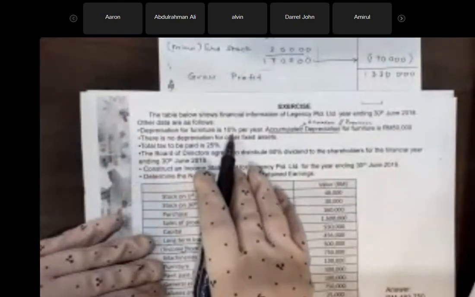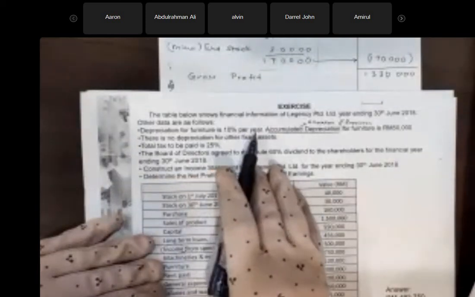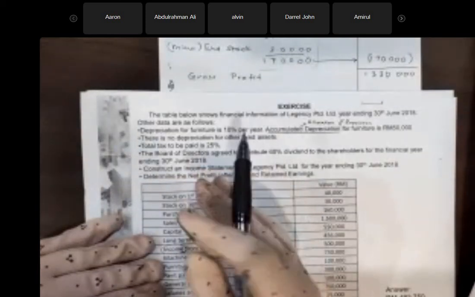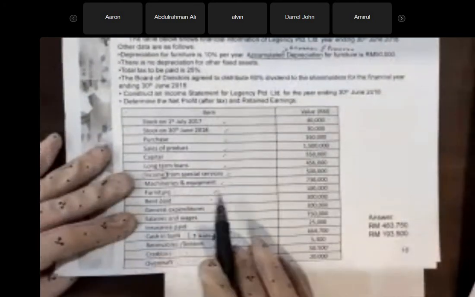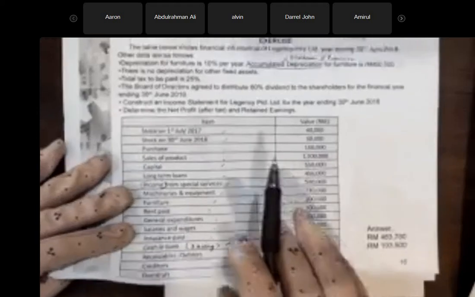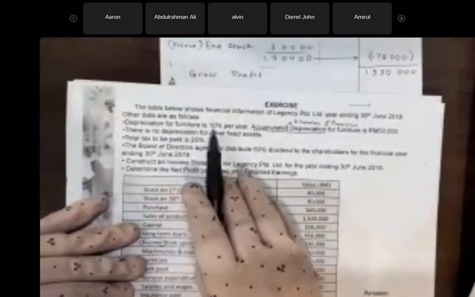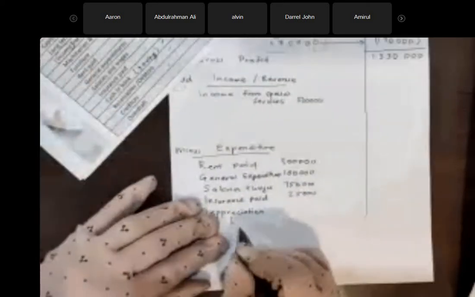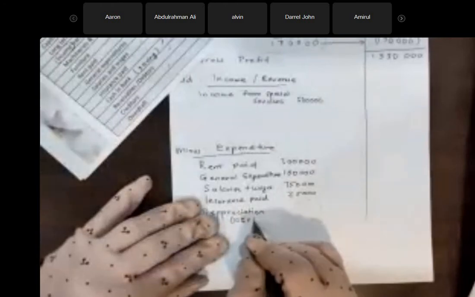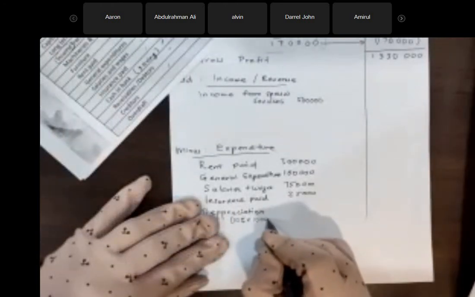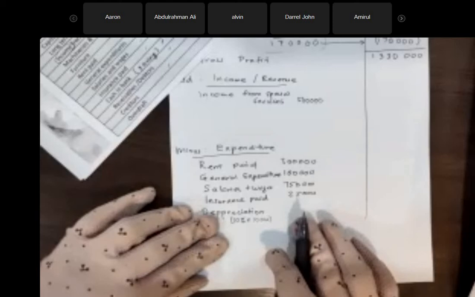Okay, depreciation for furniture is 10% per year. Per year, 10% of the basic number. You look at the furniture here. It is 100,000. The furniture is 10%. So 10% of 100,000. What is the number here?